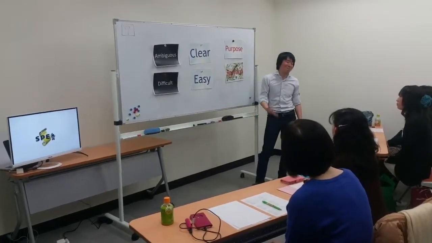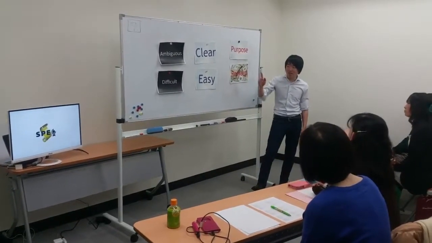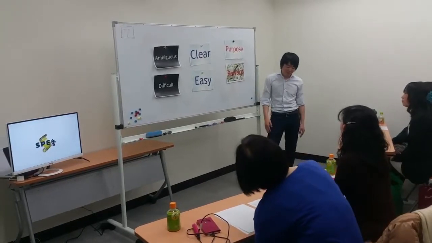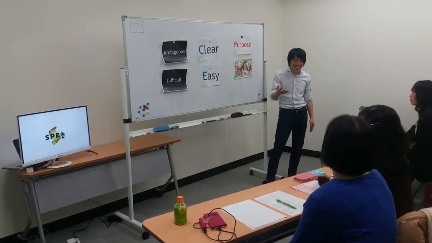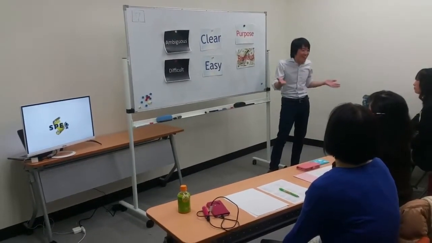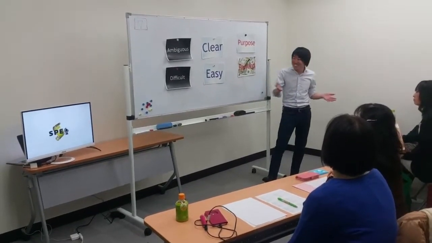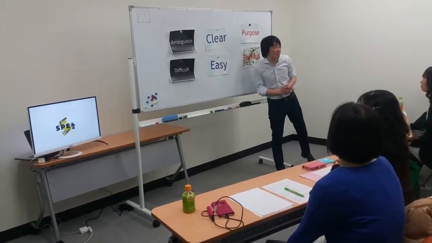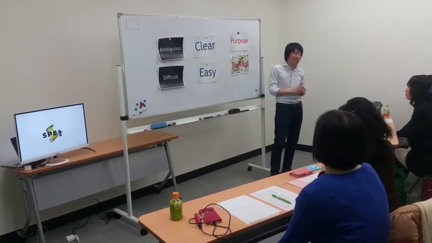This is why that person uses ambiguous and difficult words. That person doesn't understand themselves. But how can you make people understand even though you don't understand? Right? This is why they are very important for making you understand yourself too.